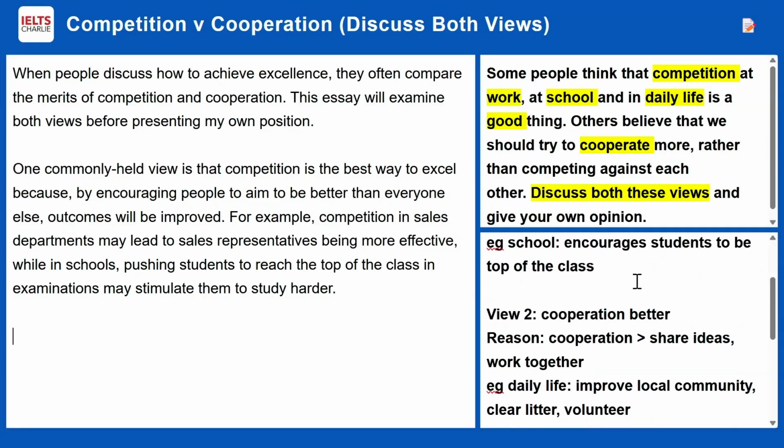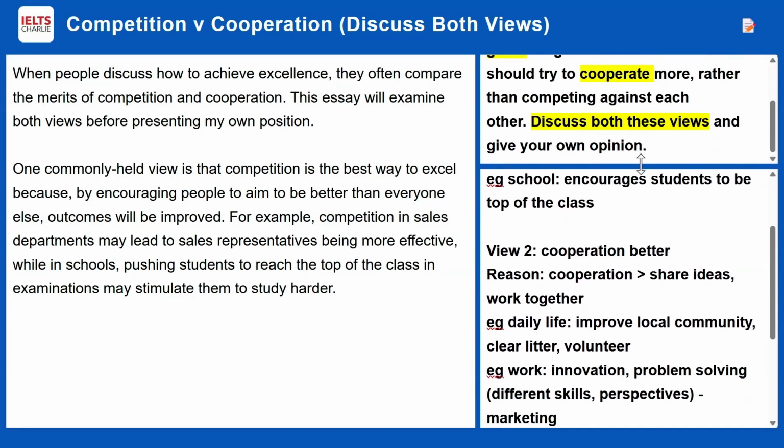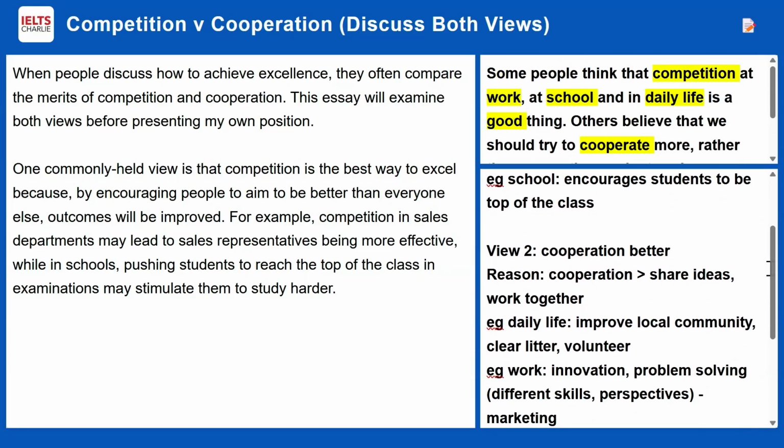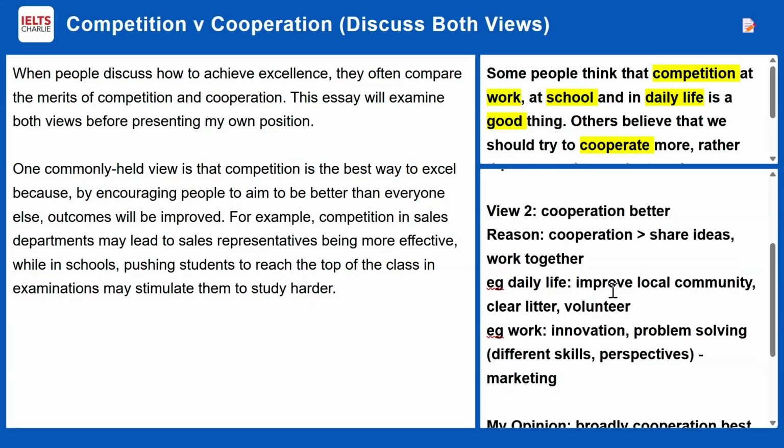Now we need to go down. Hopefully you know what the task is by now. Go down to view 2, which is cooperation is better. Had I started my first body paragraph with on the one hand, then I would now write on the other hand, but I didn't.